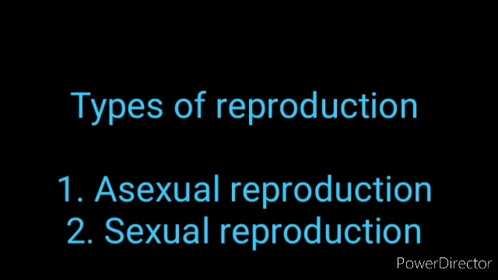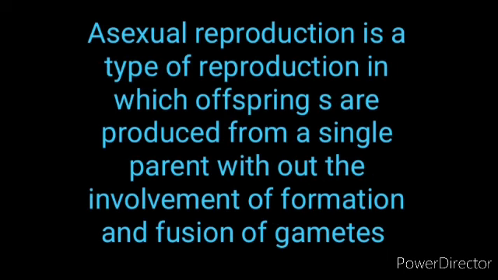Next, we discussed the types of reproduction. There are two types of reproduction. First is asexual reproduction. Second is sexual reproduction. Then we discussed asexual reproduction. What is asexual reproduction?